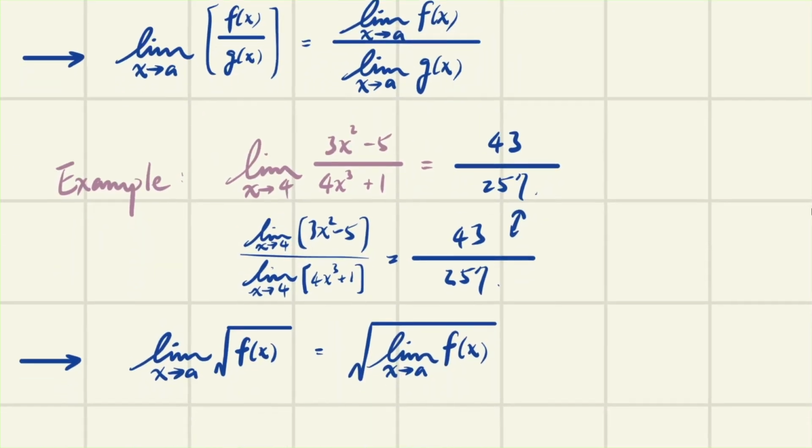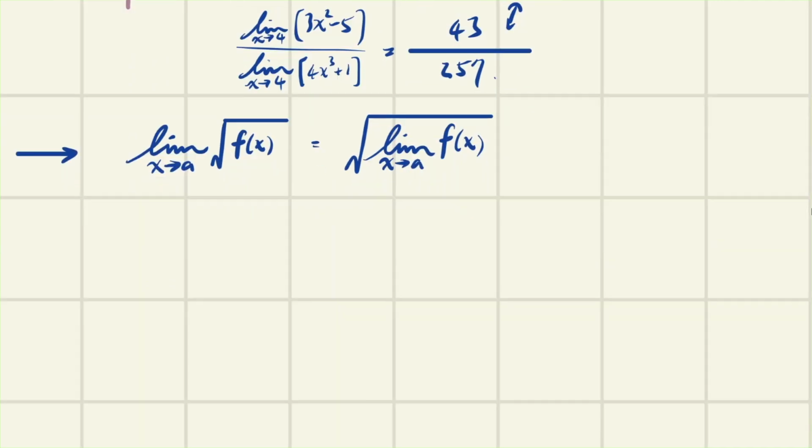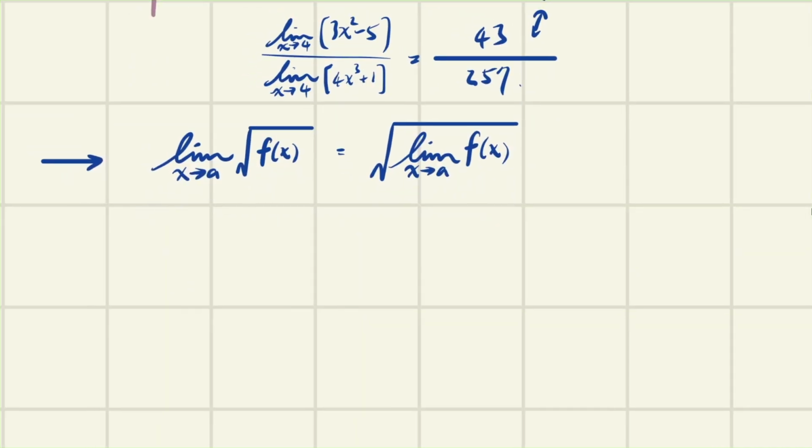And then for this case, if you take the square root of the function first, it equals taking the square root after. So it doesn't matter whether you do the limit first or not. For example, I didn't write an example here, so let's do it right now.